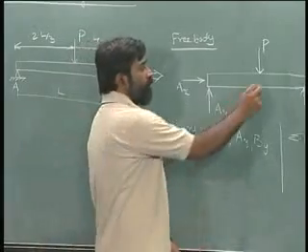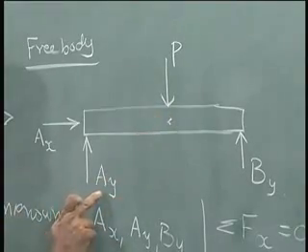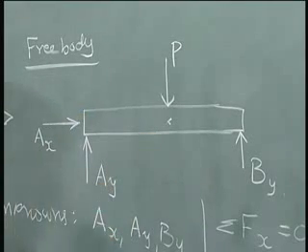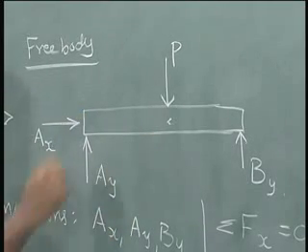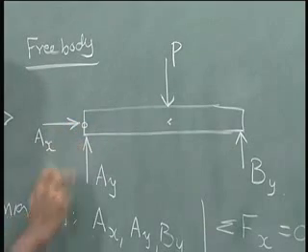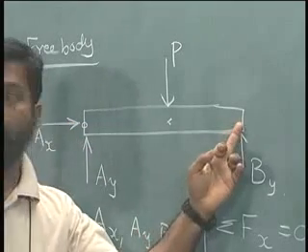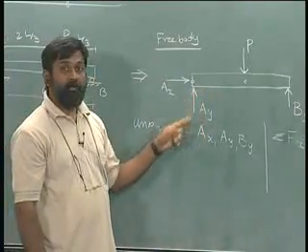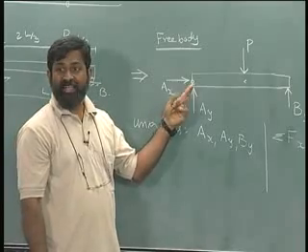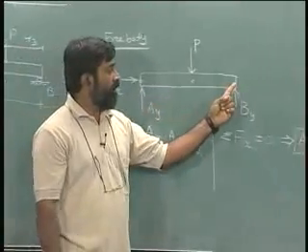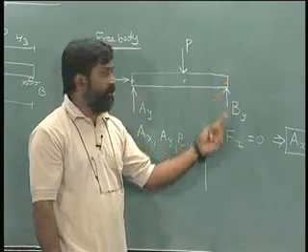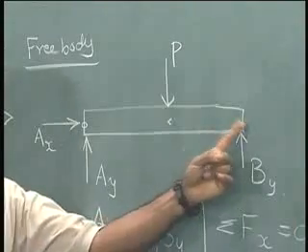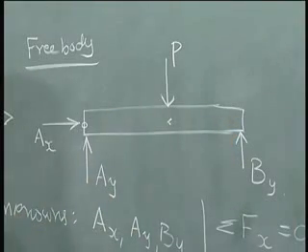I can take a moment about a particular point, which will involve Ay and By because they have a distance from this point. But if I take a point on A or on B, I know that the moment of Ay at A is equal to 0, or if I had taken B, the moment of By is equal to 0 at that point. So I will choose either of these points and write the moment equation.